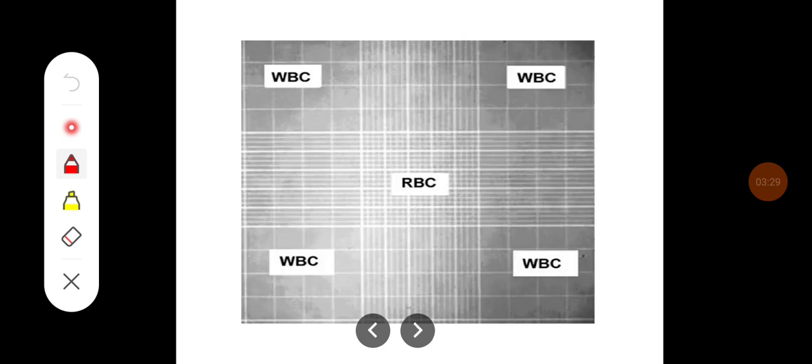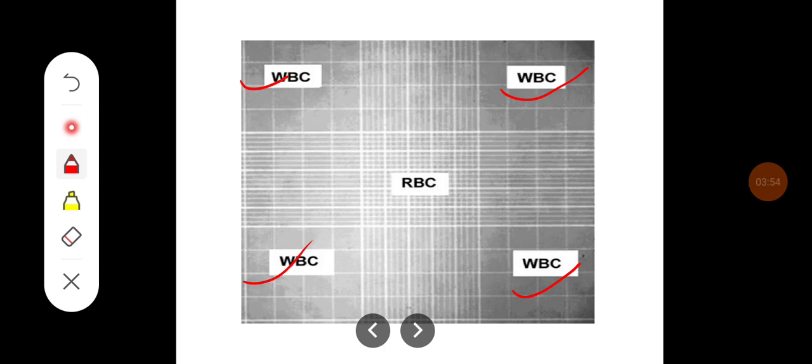So this is another diagram showing where the WBCs are counted. WBCs are counted in the peripheral chambers, the peripheral corners, which are called left upper, right upper, left lower, and right lower. And this is the central square, wherein the central square has been divided into 5 equal divisions.